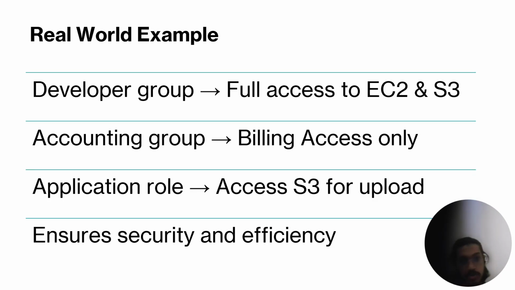Okay, let's see some real world examples. DevOps developer groups get full access to EC2 and S3, and accounting groups get billing access only. Let's imagine you are running a company that hosts a web application on AWS. You can use IAM to create a developer group that manages EC2 and S3, an accounting group that only sees billing access, and application roles that allow your website to store files in S3.